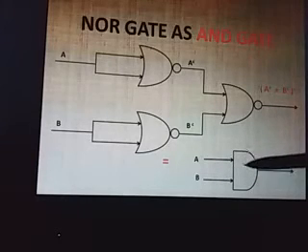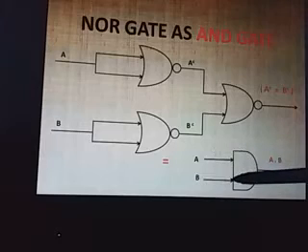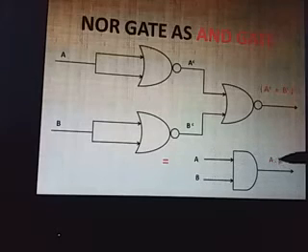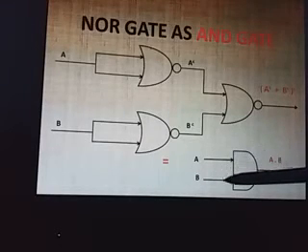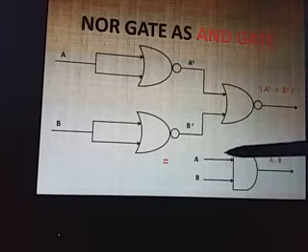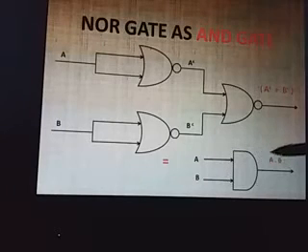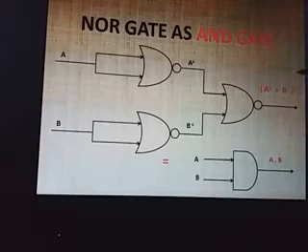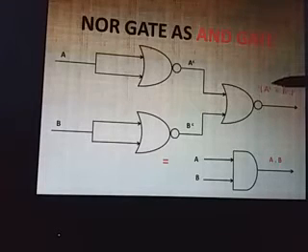For an AND gate, we know if its inputs are A and B, output will be A dot B, means product of the binary numbers or binary signals which it receives. Its binary product.